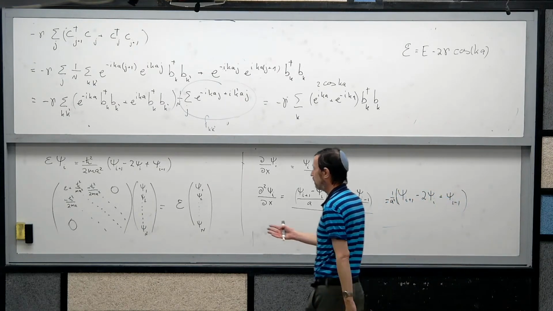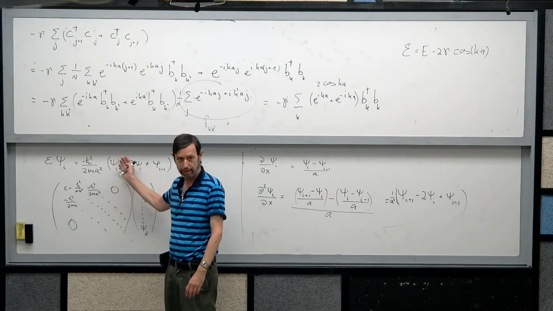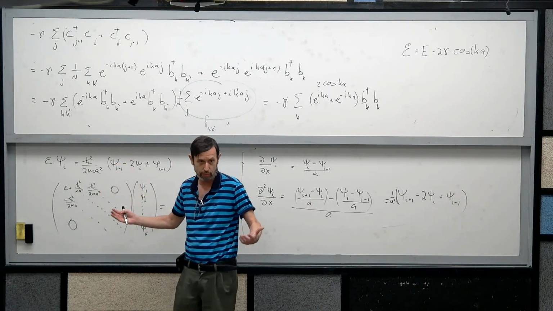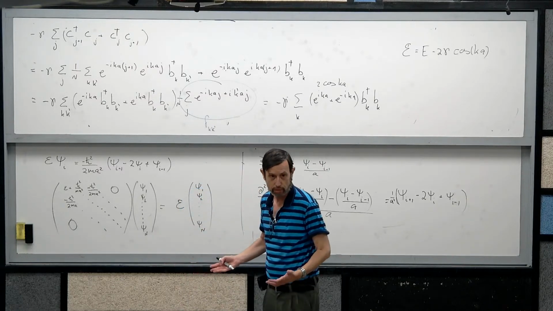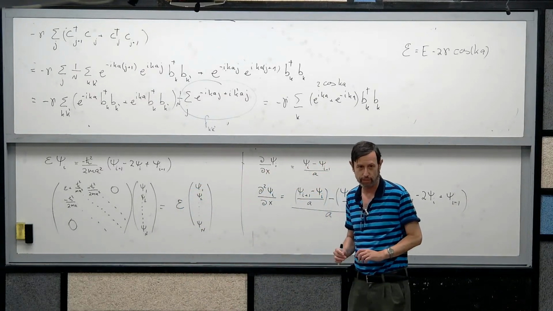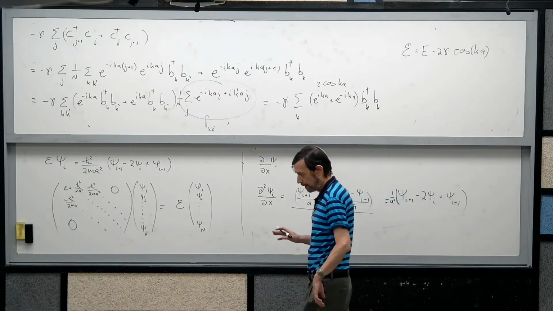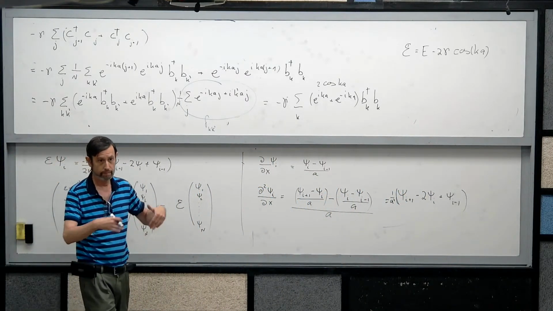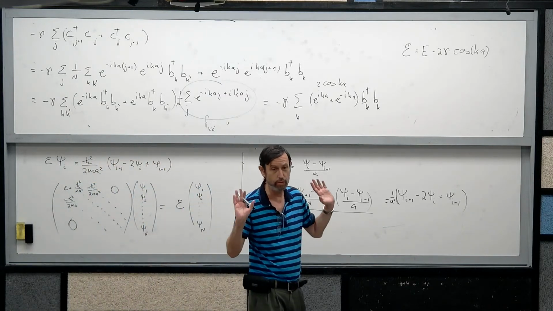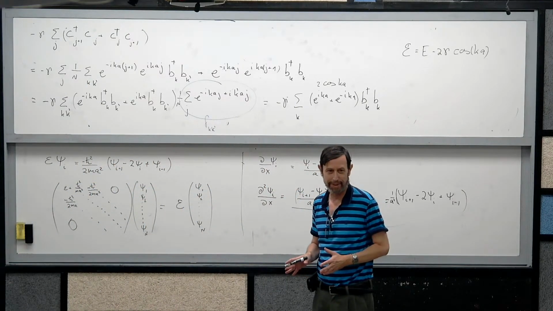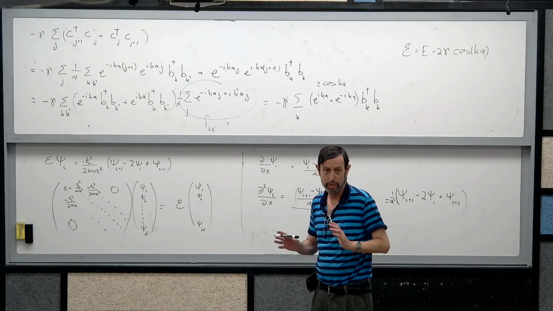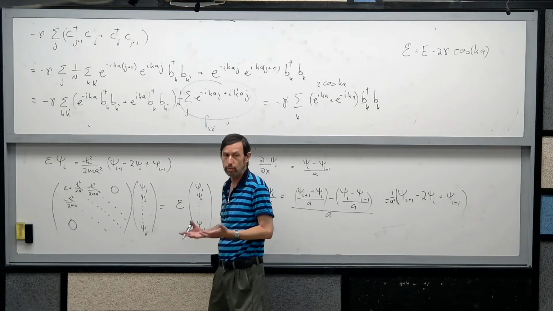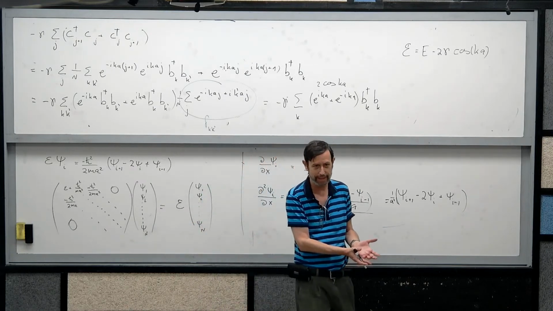Just because all you have to do is write down some kind of matrix, diagonalize it on your computer, and get the solutions, the eigenvalues and the eigenvectors. Basically, you got tight binding without knowing what is tight binding, just by discretization. And why? Because the physics is the same. When you do discretization, you introduce a lattice.